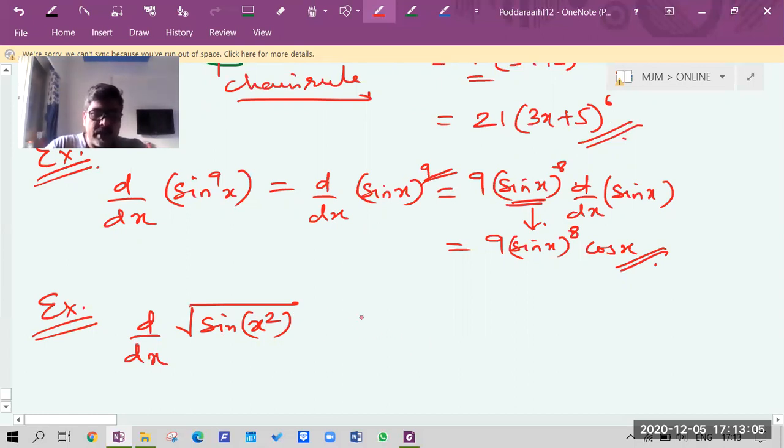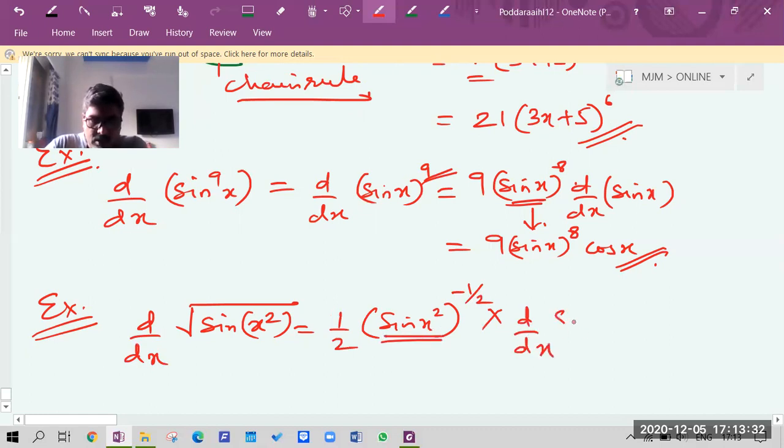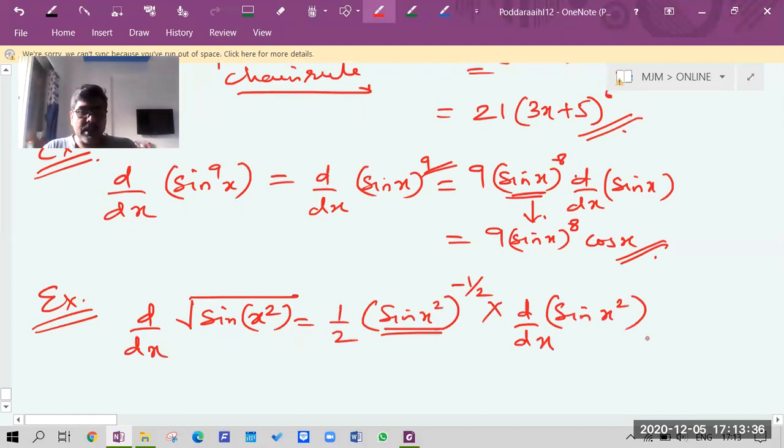So how do you plan to do it now? d by dx of the square root. You first take care of the square root. Square root is something raised to half. So you say half into whatever the function is, raised to half minus 1, that is minus half, into the derivative of the inside thing. The inside is sine x square. Now this is a 3-layer work.